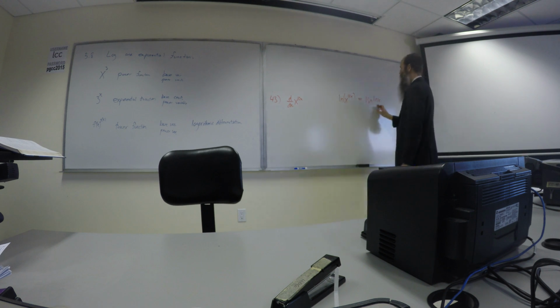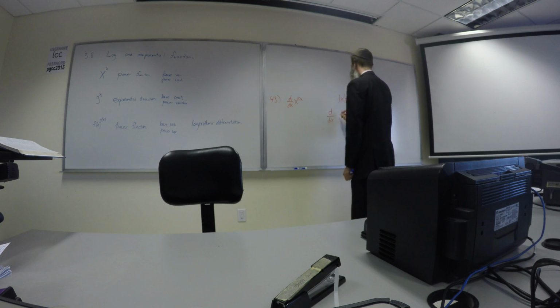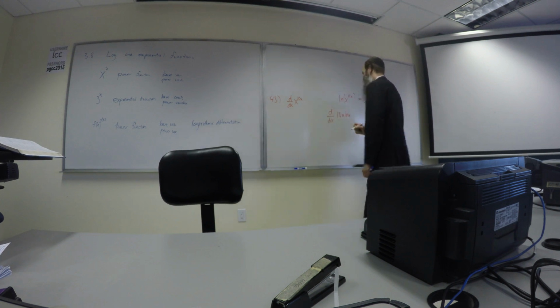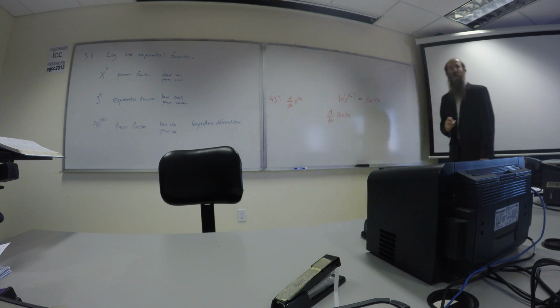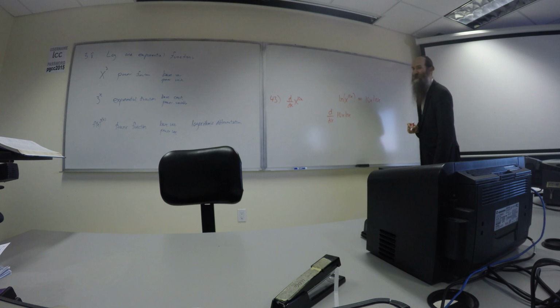Now we have this expression. I want to differentiate this. So I want to take d/dx of our altered function, 10x ln x. Again, first thing you do is take the logarithm of the function itself, alter it so it no longer has the tower portion of it.